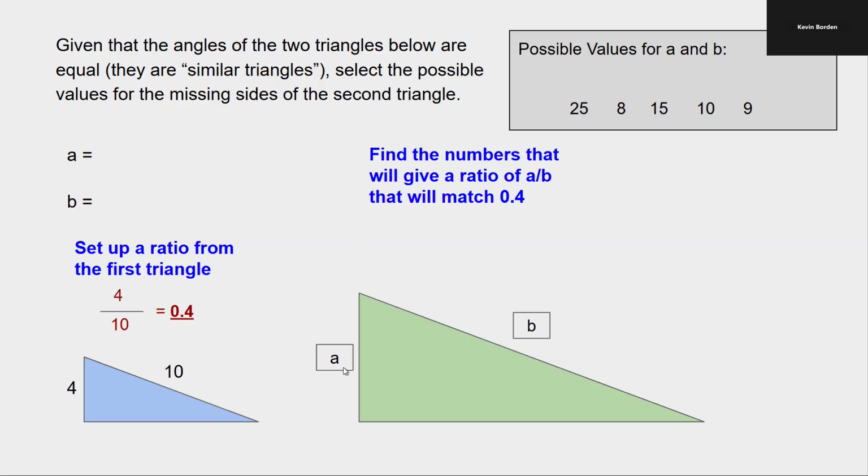Because we know that A is much smaller than B, let's take the small numbers from this list and put them next to A. The small numbers are 8 and 9 and 10.